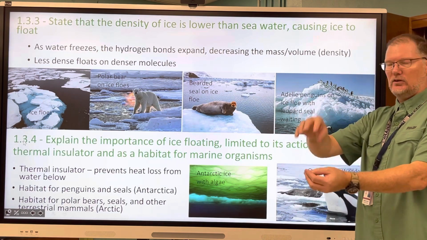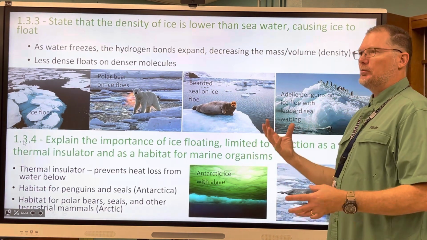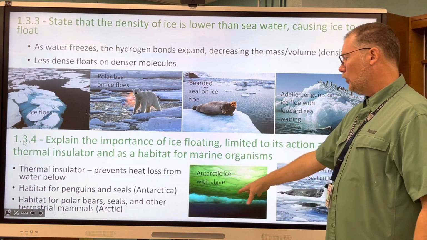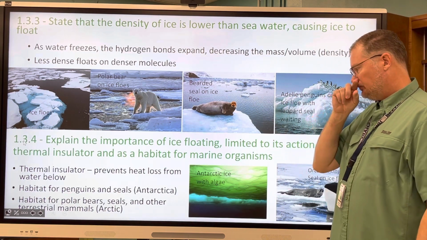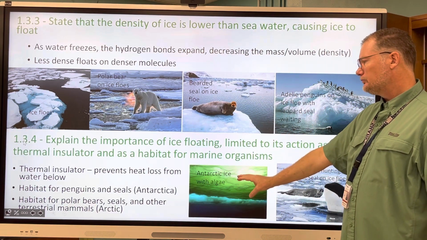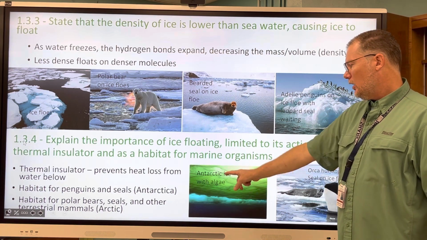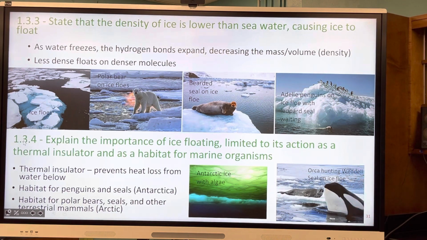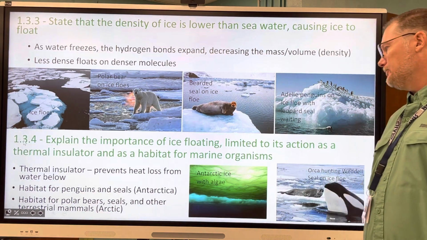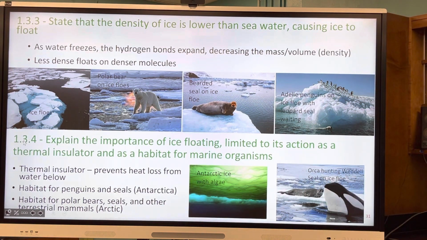It will reflect sunlight, it will trap heat underneath and keep the water below from reaching those freezing temperatures. It will provide habitats for algae and penguins and seals and bears, oh my, all right? And other terrestrial mammals, or at least semi-terrestrial mammals.